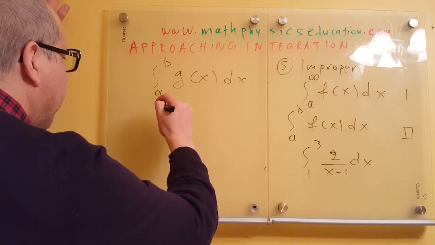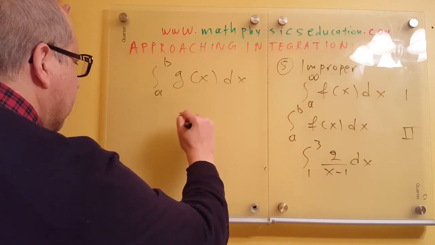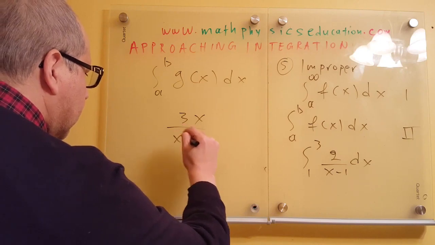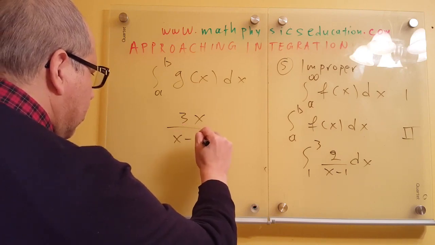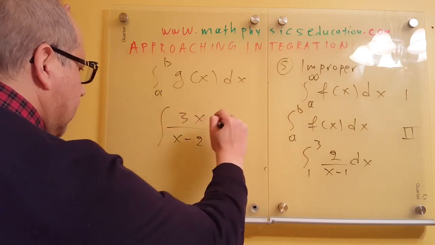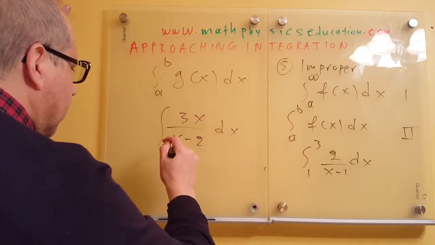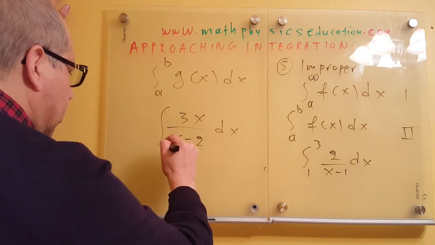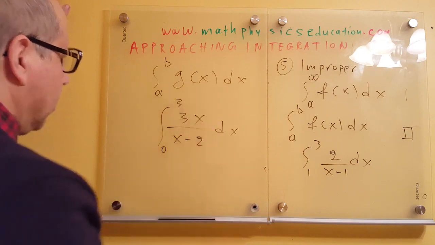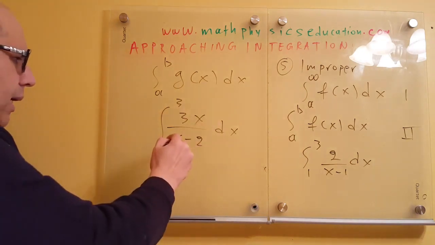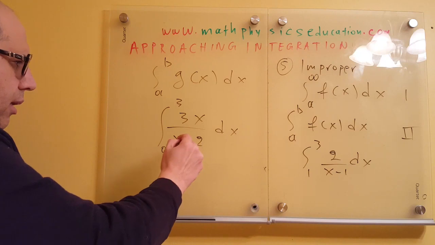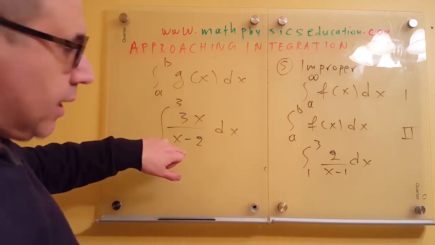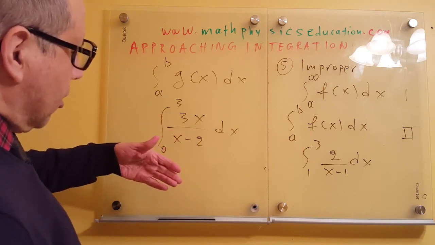Let's say you have to find the integral of 3x over x minus 2 dx, and let's say you have to find this integral from 0 to 3. You see that at x equal to 2 this function here is not defined, because it makes the denominator 0.